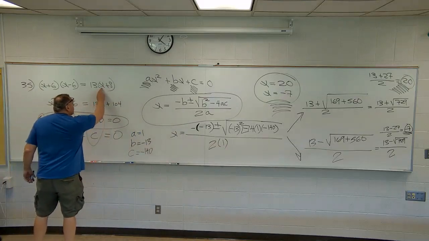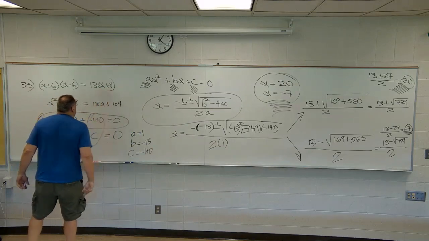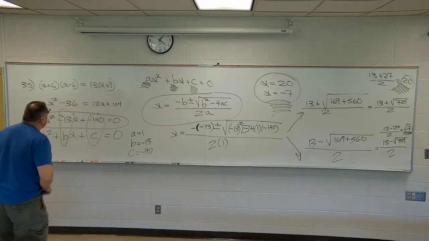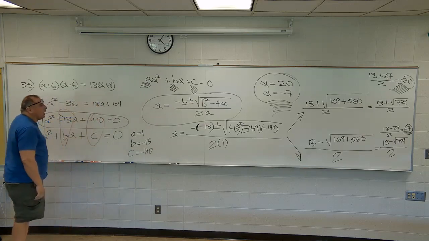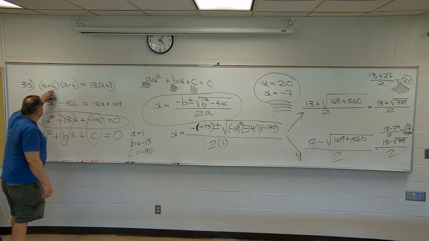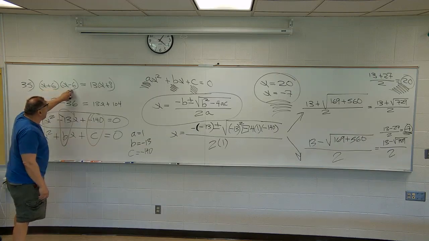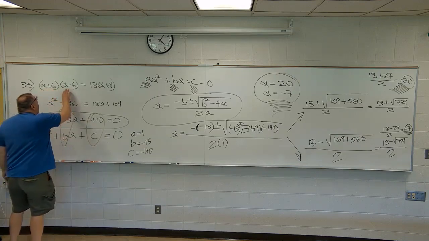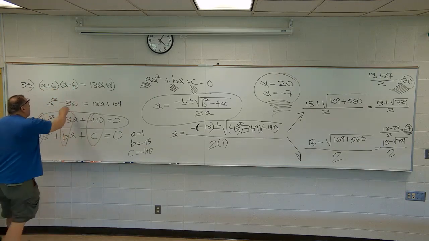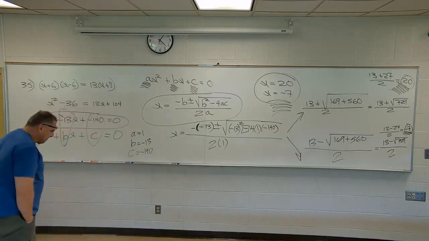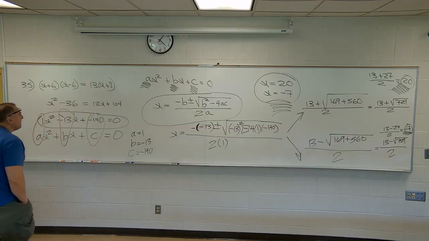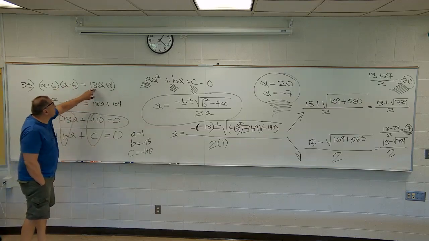Put a 20 right here. 20 and 8 is 28. 28 times 13 is 364. 20 and 6 is 26. 20 minus 6 is 14. 14 times 26 is 364. 364 equals 364 if you put a 20 inside for x.